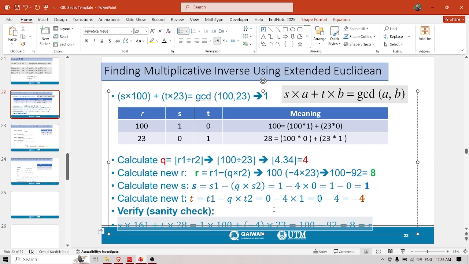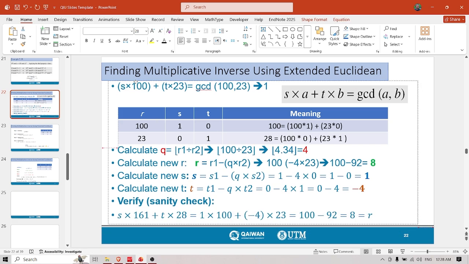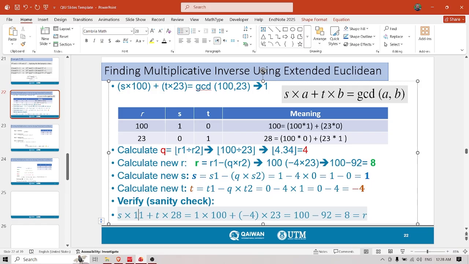Okay, so now let's check the validity. We say that if we put this number, it should have no problem. Now S multiplied by 100 would be 1 multiplied by 100. It is from the other slide. That's why actually.